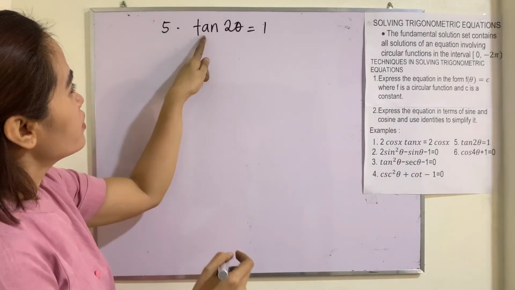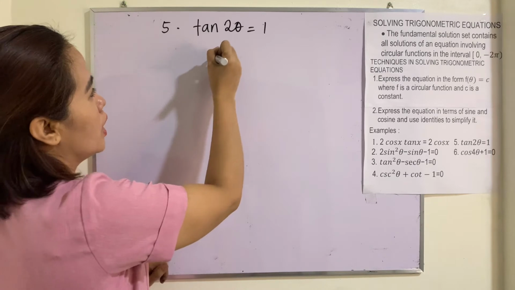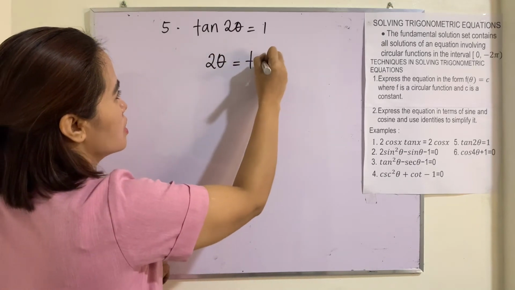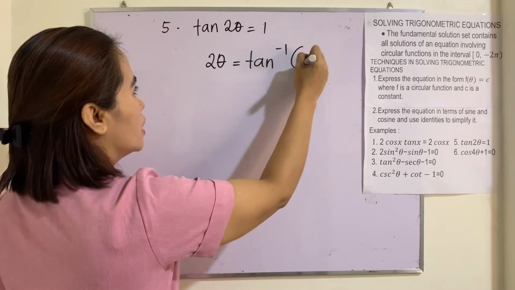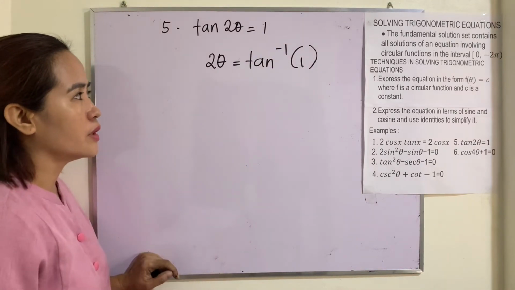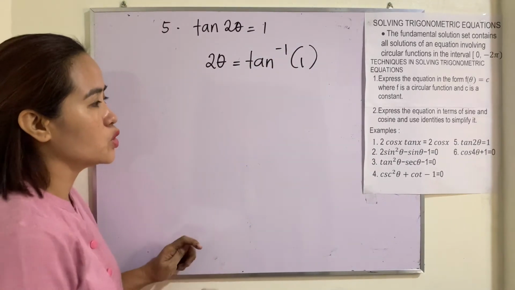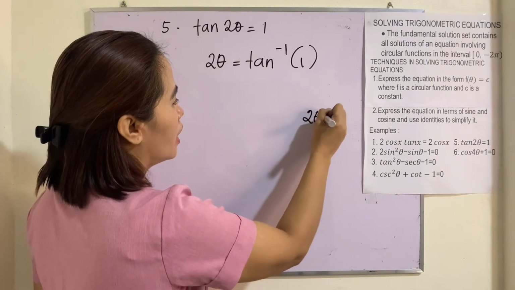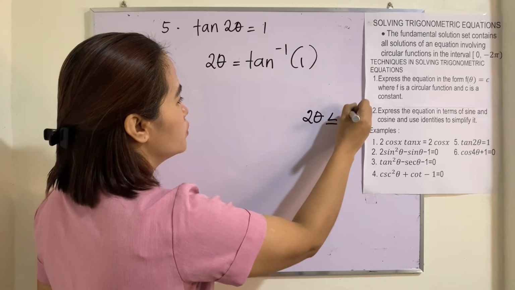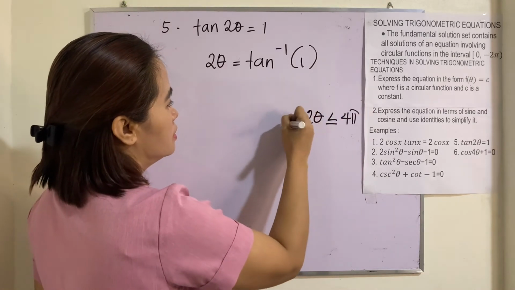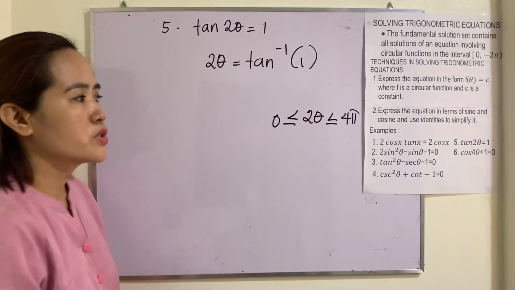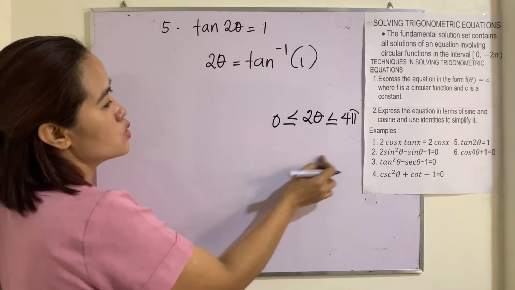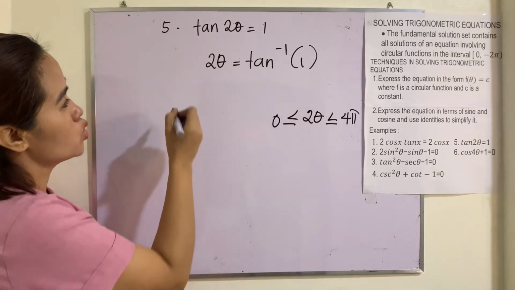Example 5, we have tangent of 2 theta is equal to 1. To solve for theta, we have 2 theta equals arc tangent of 1. In this case, our theta is multiplied by 2. So meaning to say, we will be using the interval 2 theta is less than or equal to 4 pi, greater than or equal to 0. So meaning two complete revolutions.